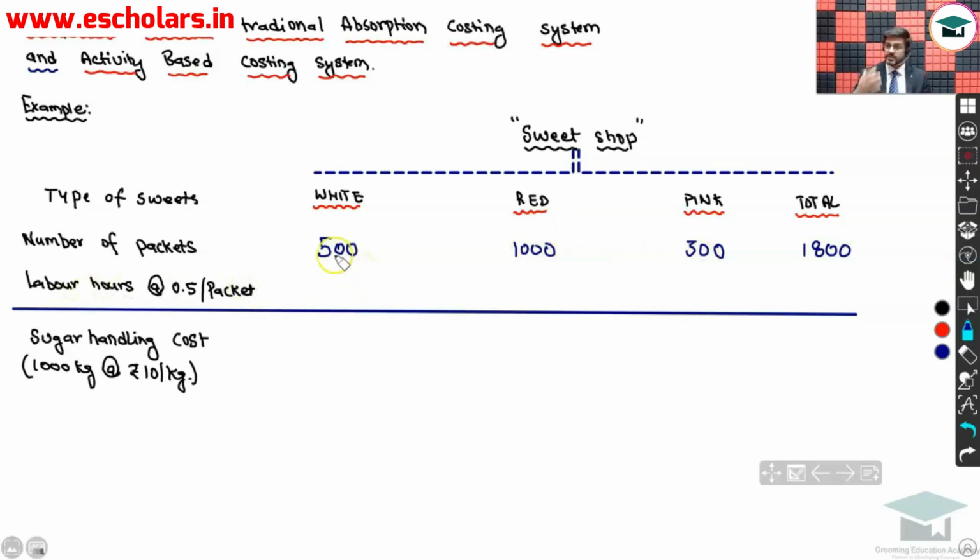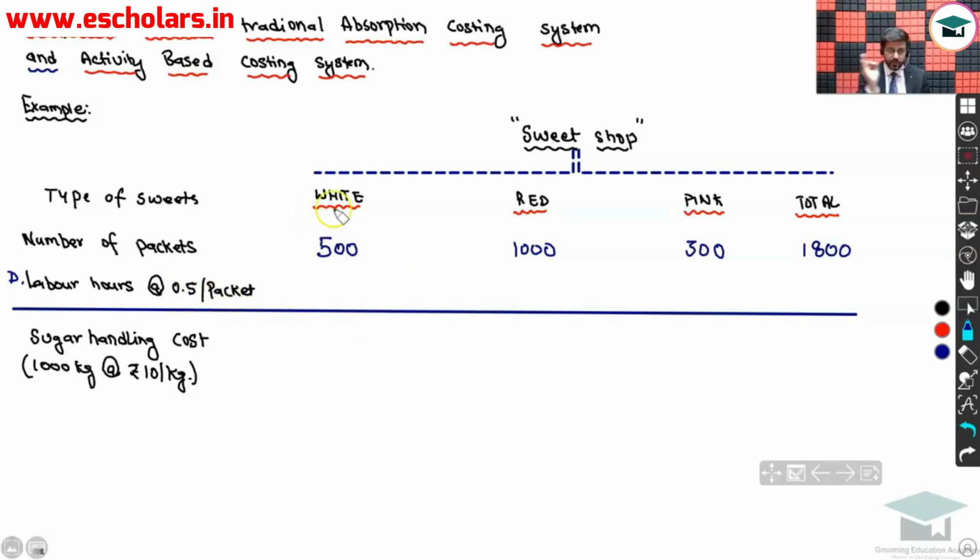Now in this sweet shop, obviously you will have laborers who are working to prepare the sweets. That's your direct labor. So the direct labor hours are at the rate of 0.5 per packet. That means in order to prepare one packet, 0.5 hours, half an hour, are required.